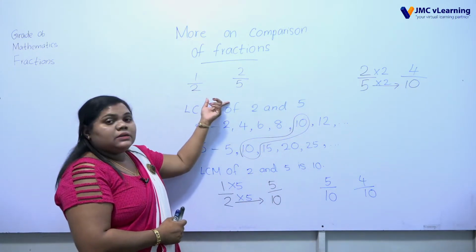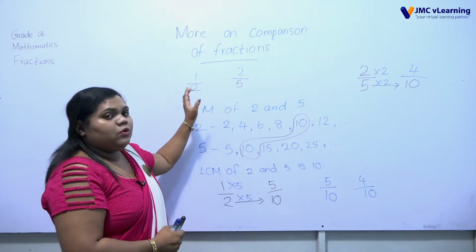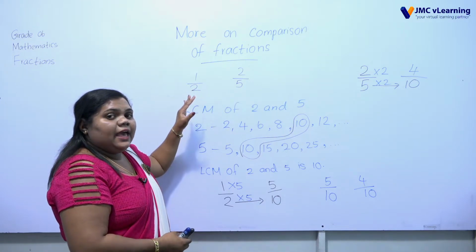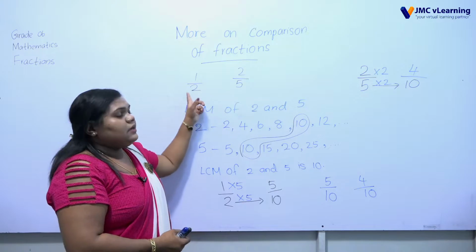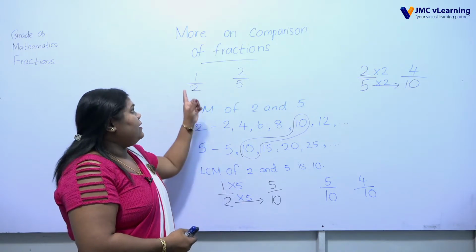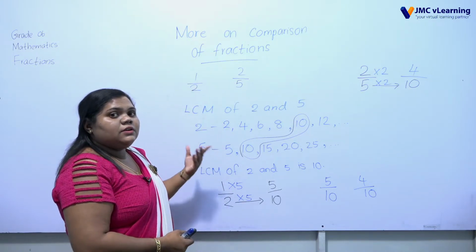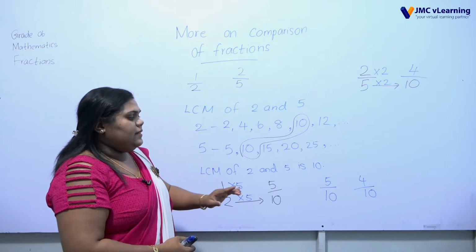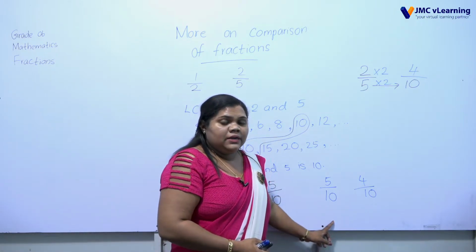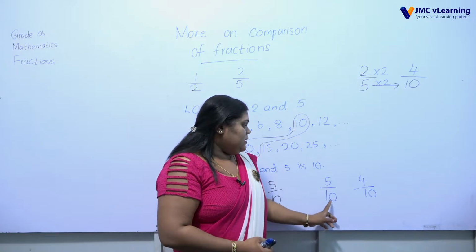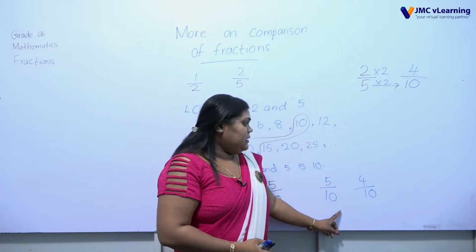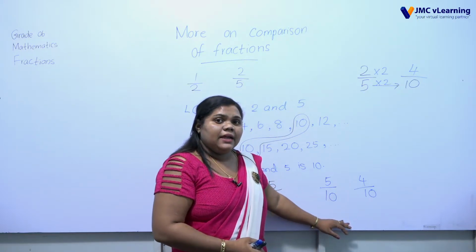Earlier we couldn't compare because the fractions didn't have a common denominator and the numerators were also different from each other. So, at that time we wanted to get the common denominator. Now, we got the common denominator, and very easily we can compare them.